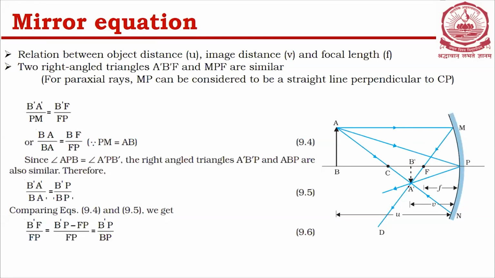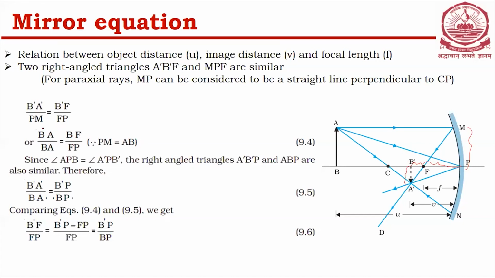So B dash A dash divided by PM, this distance, should be equal to B dash F divided by FP.